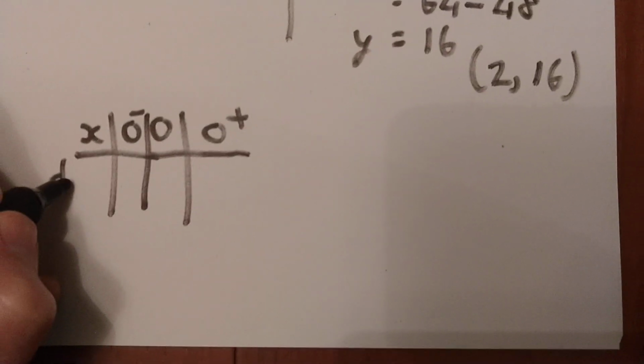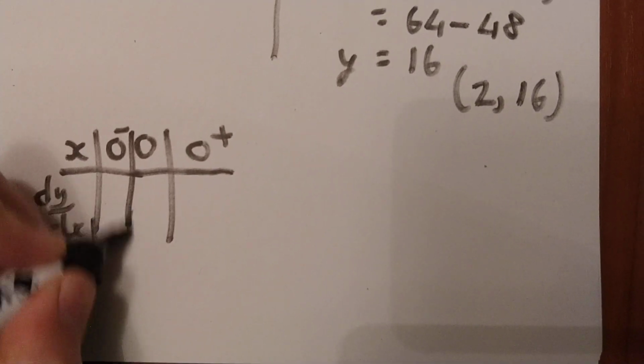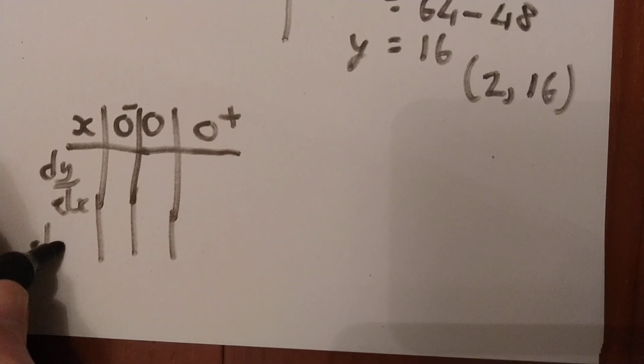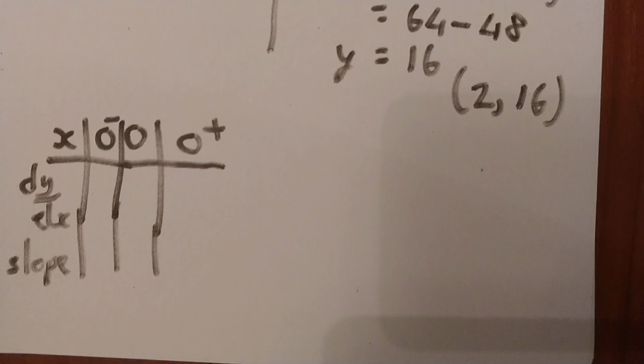Here's going to be my dy by dx. And of course, the slope, or what the line looks like at that point.